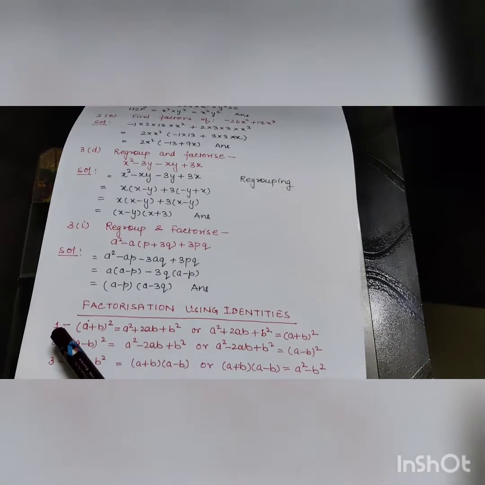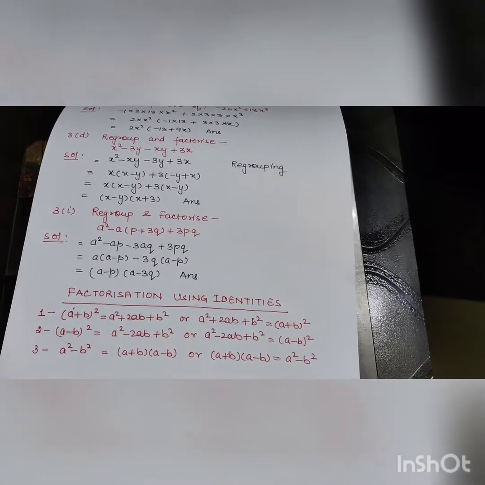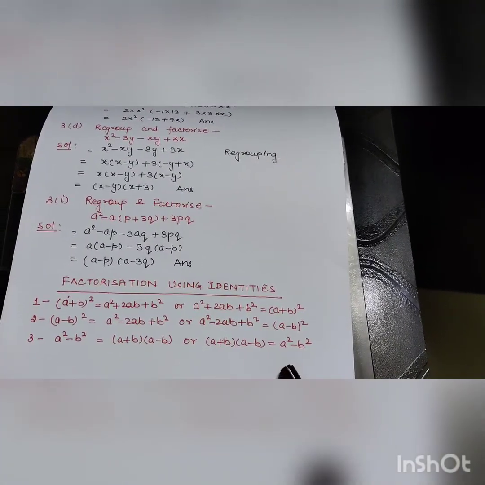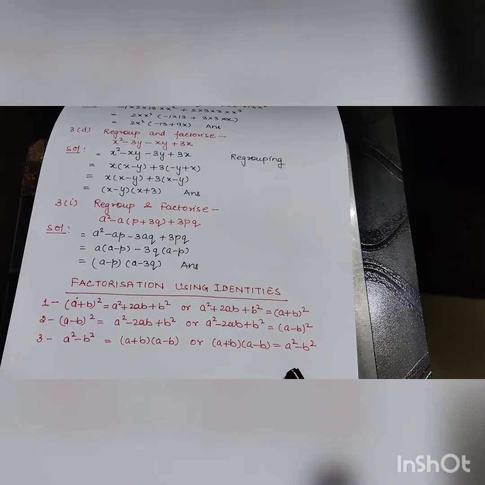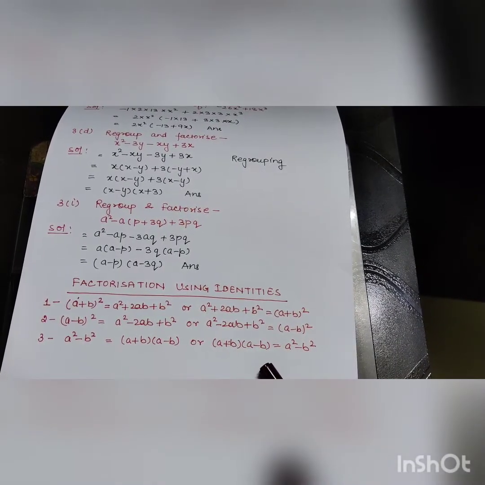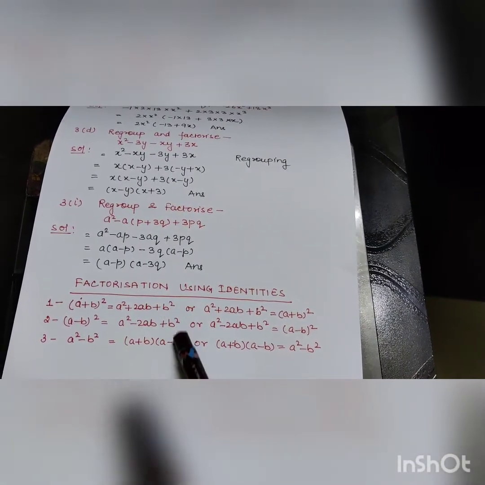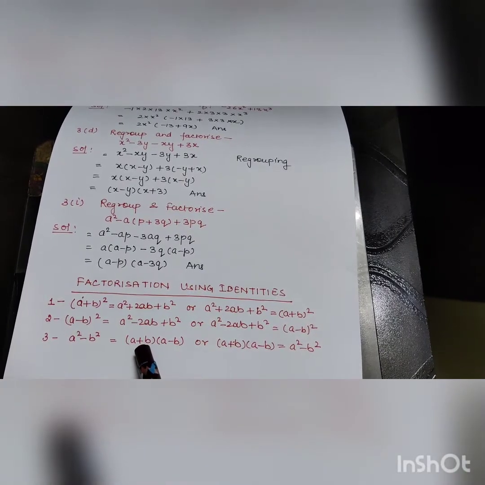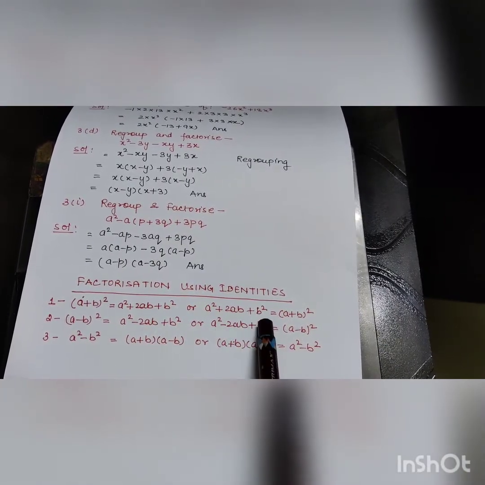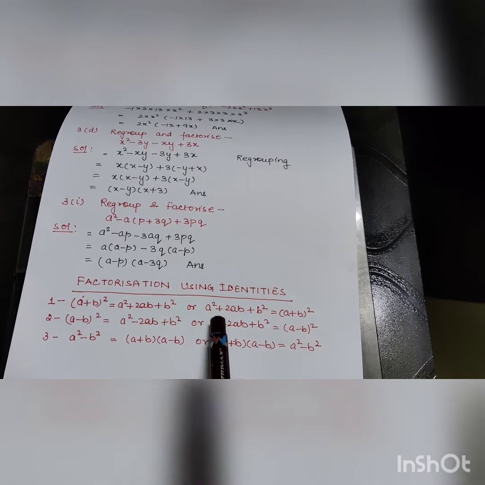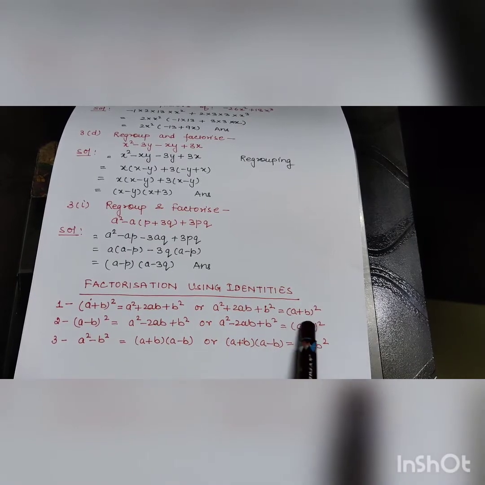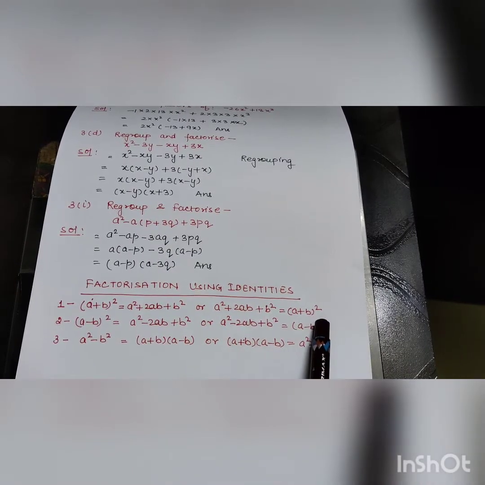Now we are coming to another very important method, which is factorization using identities. So we have three identities with us, identity 1, 2 and 3. We have already used these identities in factorization, but here we are going to use them in reverse order. So the first identity says that if you have an expression of the type a square plus 2ab plus b square, it can be factorized as a plus b whole square.